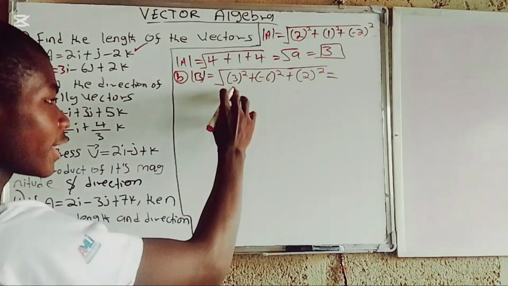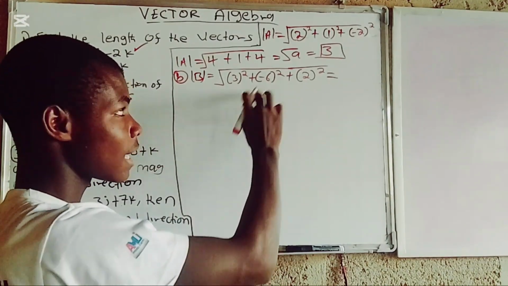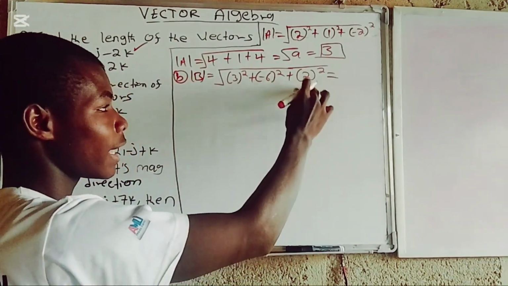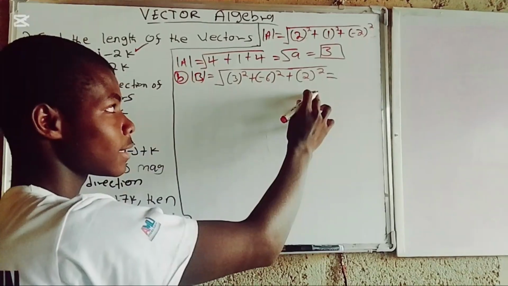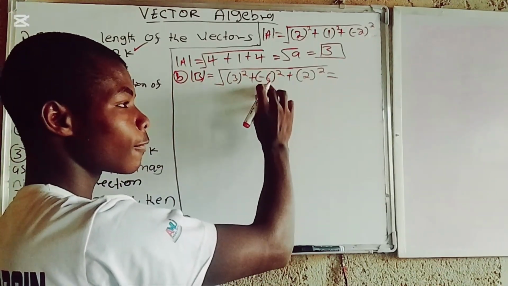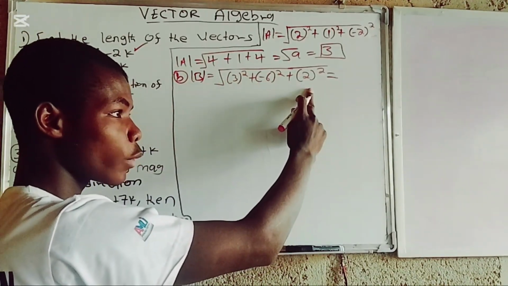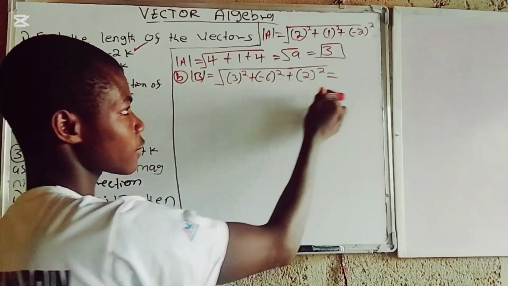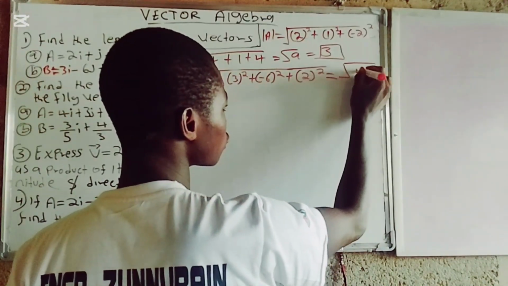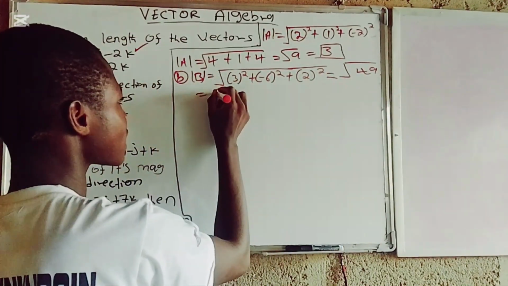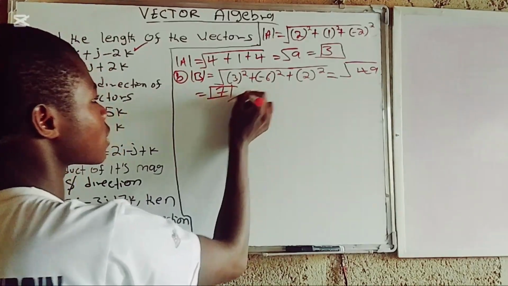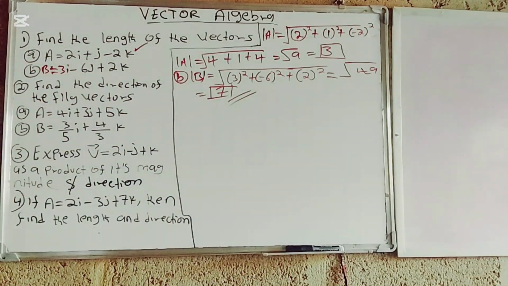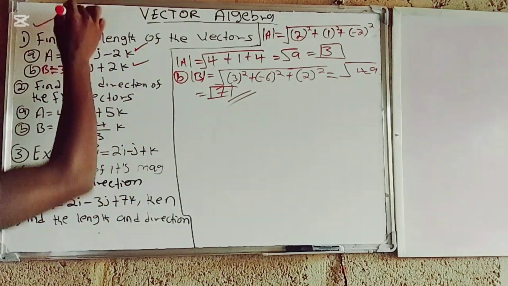So 3 squared is 9, 6 squared is 36, and 2 squared is 4. I have 9, plus 36, plus 4, which is 40, plus 9, which is 49. So the root of 49 is the same thing as 7. So we are done with the first question.